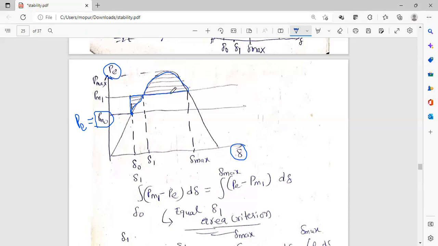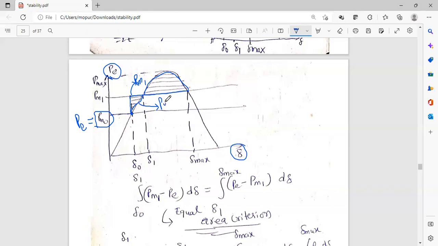How to equate this area? What is this area? This is between the x limits delta naught to delta 1. The upper line is Pm1, and this curve is Pe, that is the load curve.